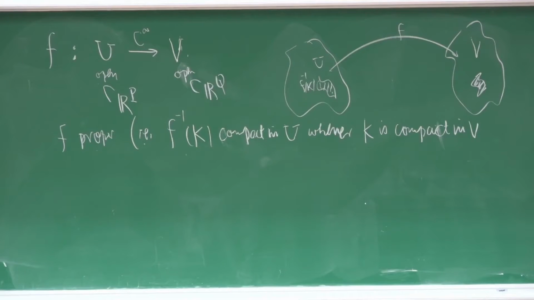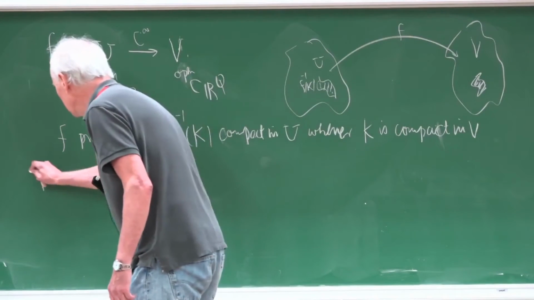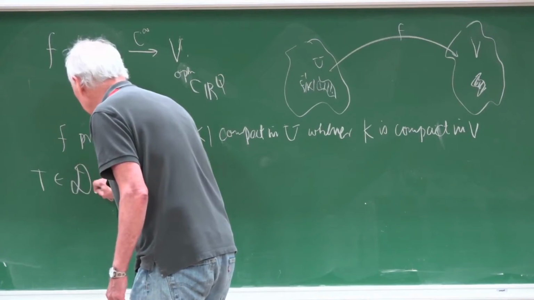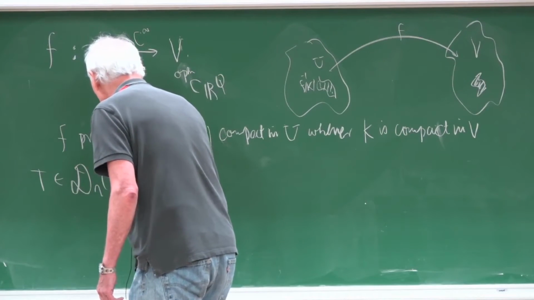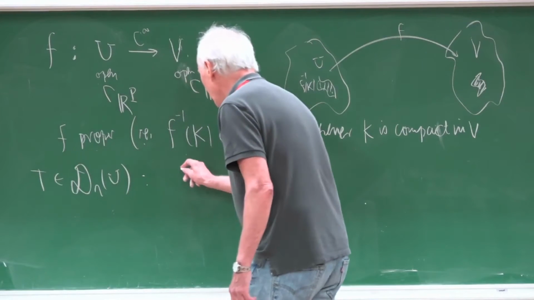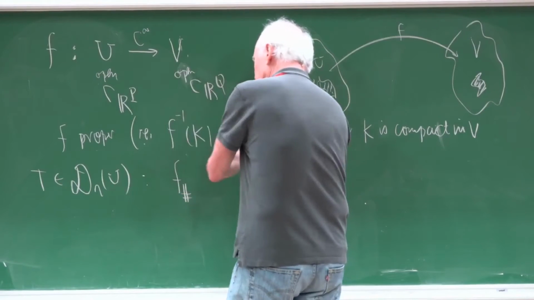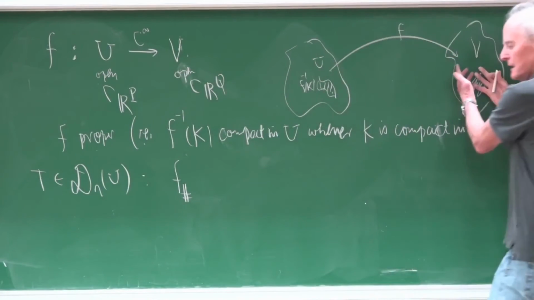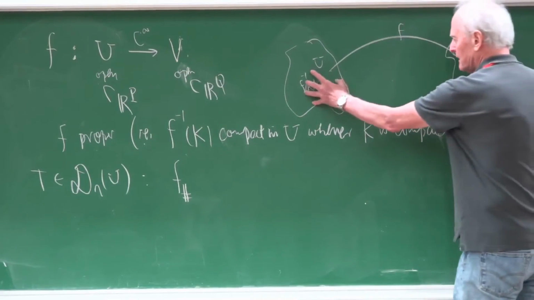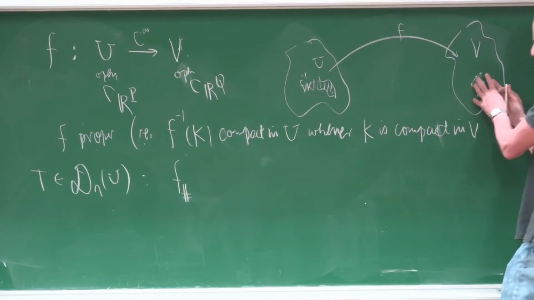Okay, so that's the setup, and suppose now we take a current T, an n-current T, in U, and I want to push that forward to give a current over here. So we start off with a current here, and I want to push it forward to give a current over here.